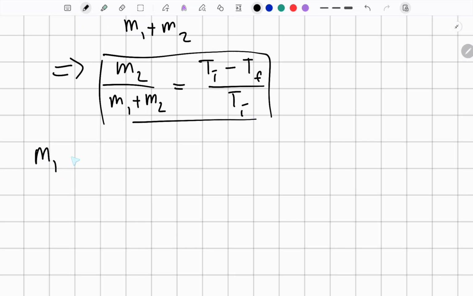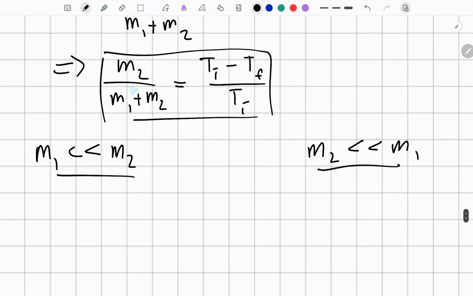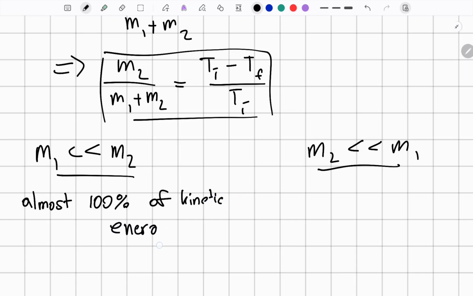Now they're asking us, okay, what if m1 is much less than mass 2? Also, what if mass 2 is much less than mass 1? You can see if mass 1 is much less than mass 2, this denominator will barely change, and this expression will approximately equal 1, which as a fraction is almost 100% of kinetic energy lost.